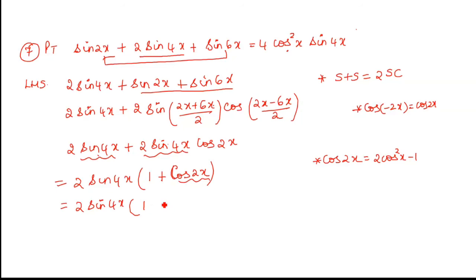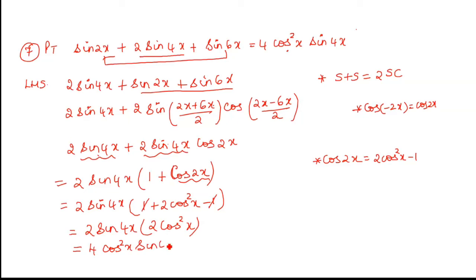So what is that? I have to write plus 2 cos square x minus 1. So plus 1 minus 1 cancels. So therefore you are left with 2 sin 4x, inside the bracket 2 cos square x. Multiply, you will reach the answer. 2 into 2, 4 cos square x into sin 4x. This is my answer which I want in the right hand side.